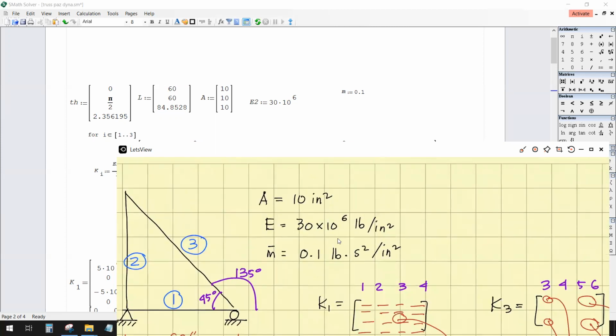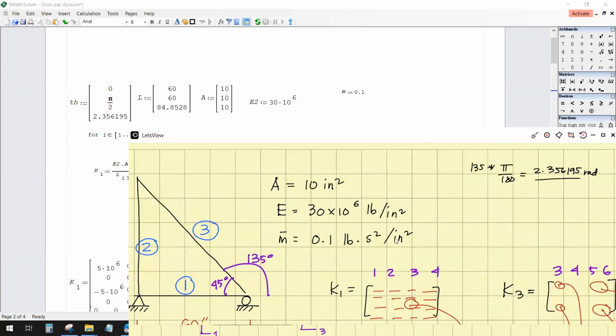If you convert 135 degrees to radians, 135 times pi over 180, you should get 2.356 radians, because SMAT uses radians. The lengths are 60 for member 1, 60 for member 2, and the hypotenuse 84.8528 for member 3.